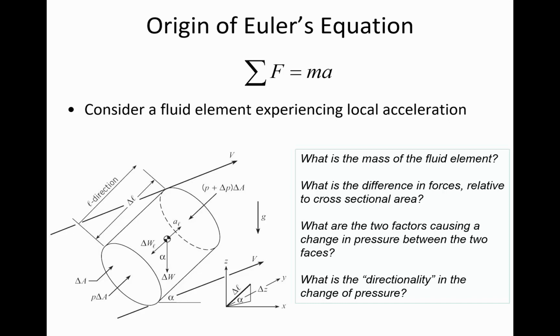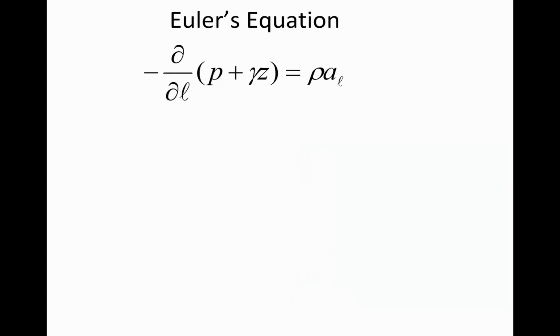It's partly going to be because of an elevation difference. It looks like the cylinder is somewhat vertically oriented, and so this would be deeper in the water than this is. And so the Euler's equation that I'm about to show you already accounts for the hydrostatic effect, but it also accounts for the acceleration that occurs.